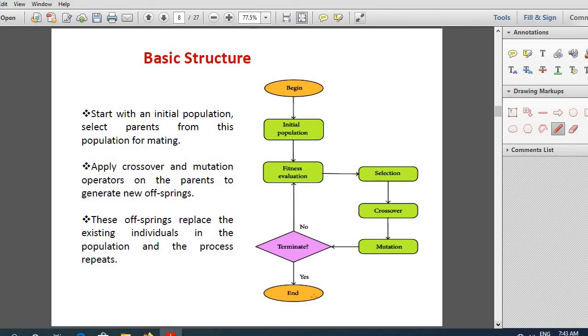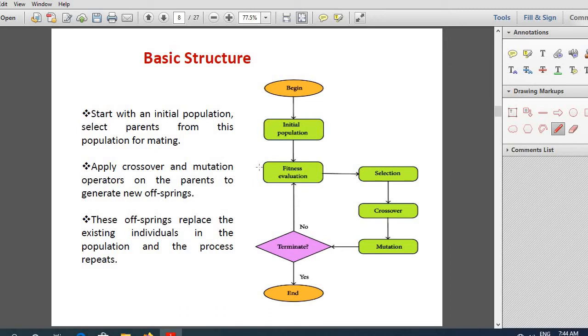So this is the basic structure of GA. Look here. We begin with an initial population. I told you we will evaluate the fitness of each solution or individual in that population. Then you will choose the best. Say you have an initial population of 50 individuals.